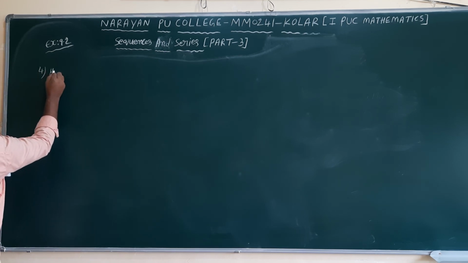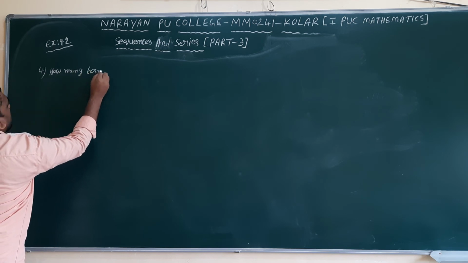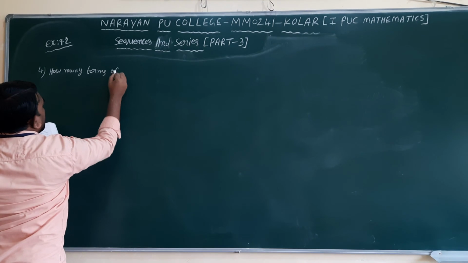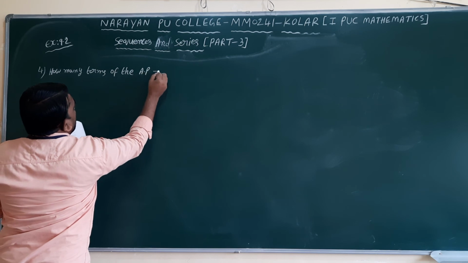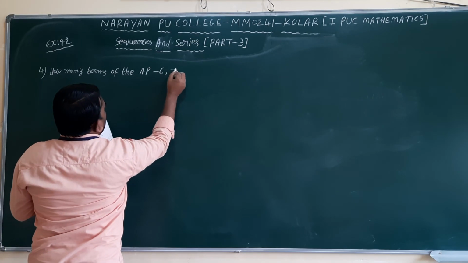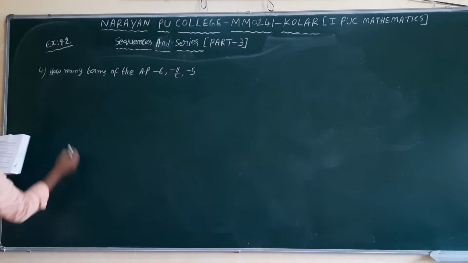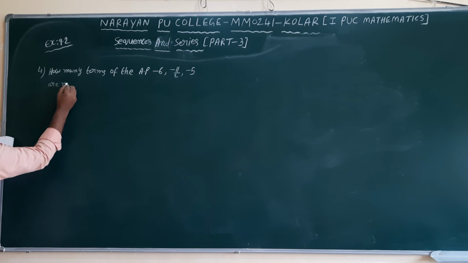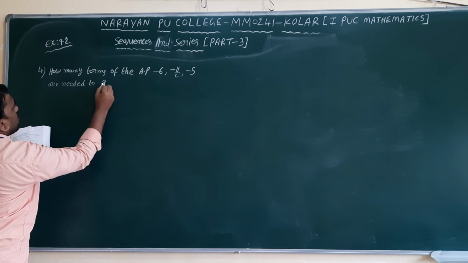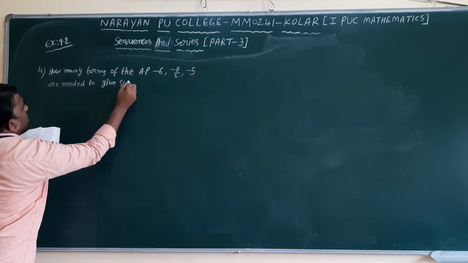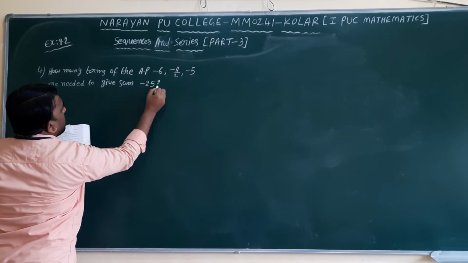How many terms of the AP minus 6, minus 11 by 2, minus 5 are needed to give the sum minus 25.